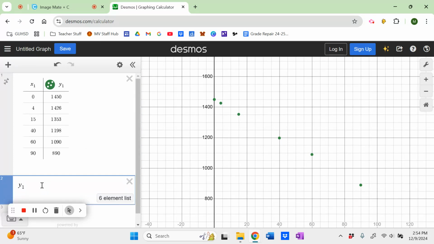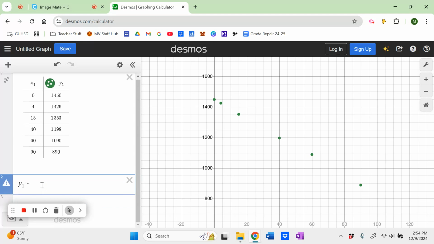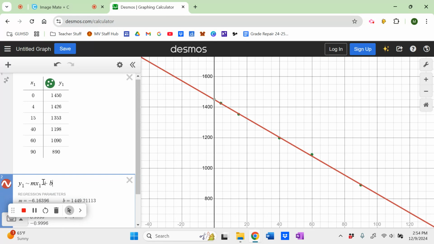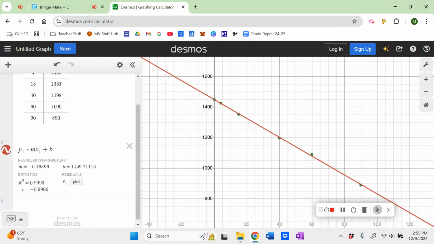It's y1 tilde, squiggly line, mx1 plus b. And then I have my information here. These are the numbers that I'm going to write in my note packet. And so these are the numbers that I'm referring to when I switch back to the document camera.